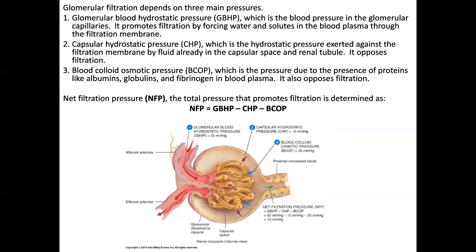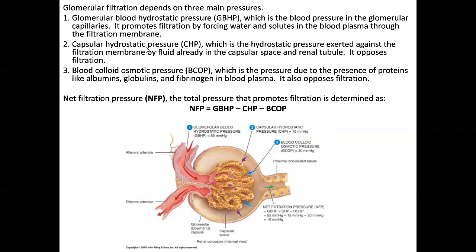Okay? But it involves GBHP, glomerular blood hydrostatic pressure. So the pressure inside of those capillaries. And that's the only one that's going to help try to force its fluid out. Okay. The other two actually oppose filtration, which is why you see those arrows pointing in towards the capillaries.